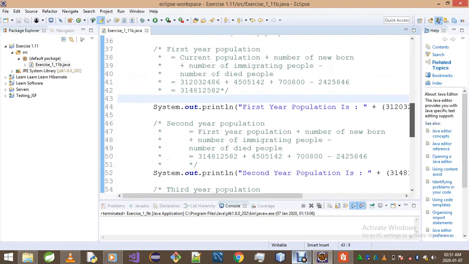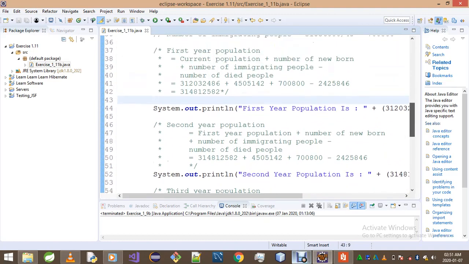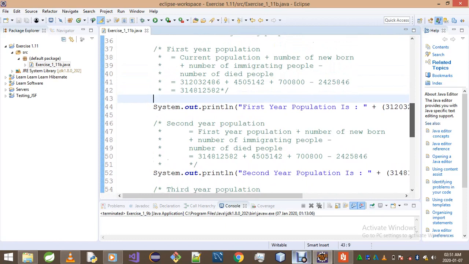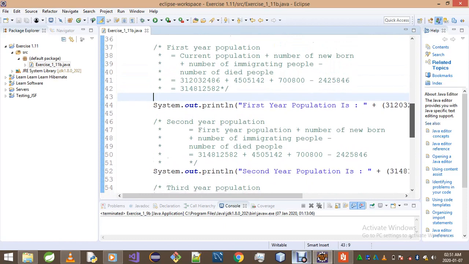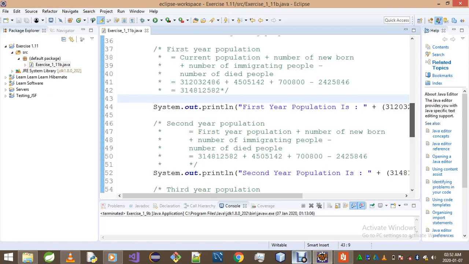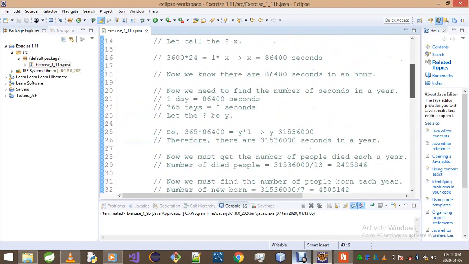You basically use the results of the previous year. For instance, on the first year you'll use the current population, on the second year you'll use the value for the first year population, and on the third year you're going to use the value for the second year to find the final population, and so on and so forth.